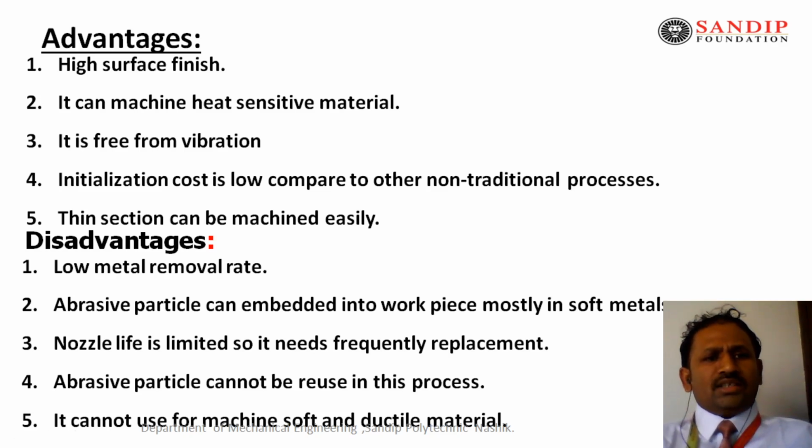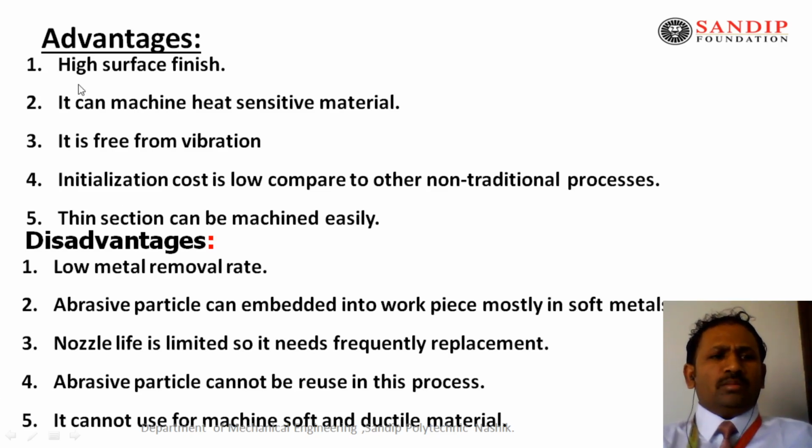Non-traditional machining processes are used for high surface finish because it fulfills the requirement of today's age technology. For that purpose we have used non-traditional machining processes, and there is a comparative advantage over the conventional machining processes, meaning you get very close dimensions.